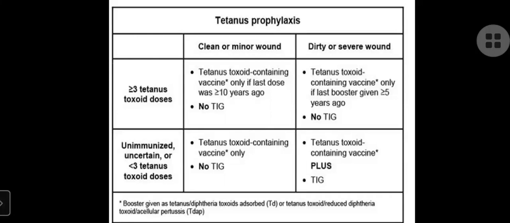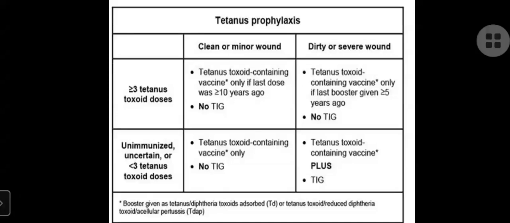But with this same patient whose immunization status is unknown or who has received less than 3 tetanus toxoids, if the wound is dirty or severe, the patient will be given both the tetanus toxoid plus the tetanus immunoglobulin, because we know this wound is dirty and the person has a higher likelihood of getting tetanus.